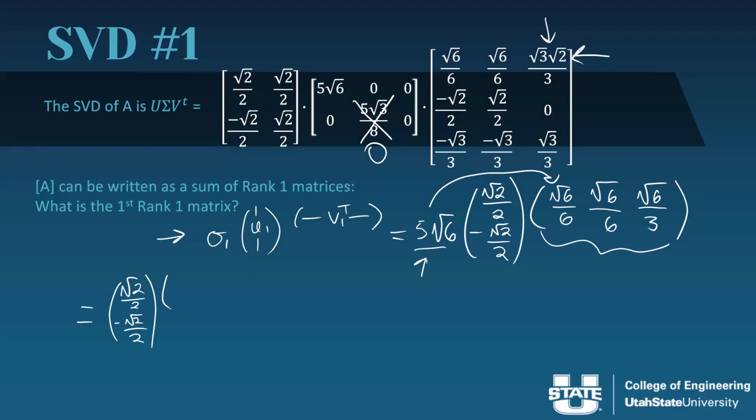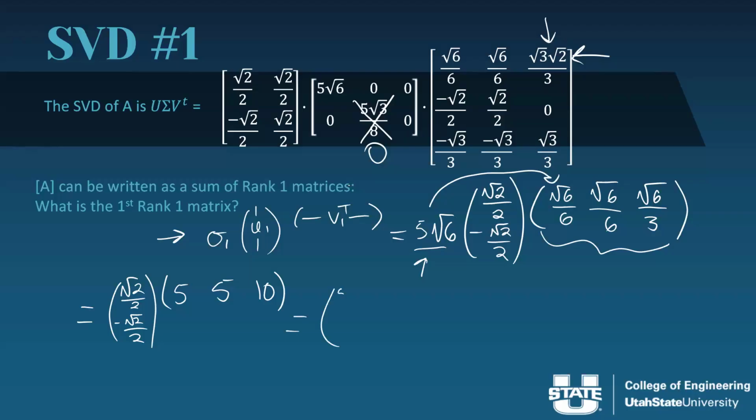So then 5 root 6 times root 6 is 5 times 6 divided by 6, so we're just left with the 5, and then 5 over 3. No, that's wrong. That's 30, that's going to be 10. Does that make sense? All right. Now all we need to do is multiply these. We have a 2 by 1 times a 1 by 3, so we're going to get a 2 by 3 out.